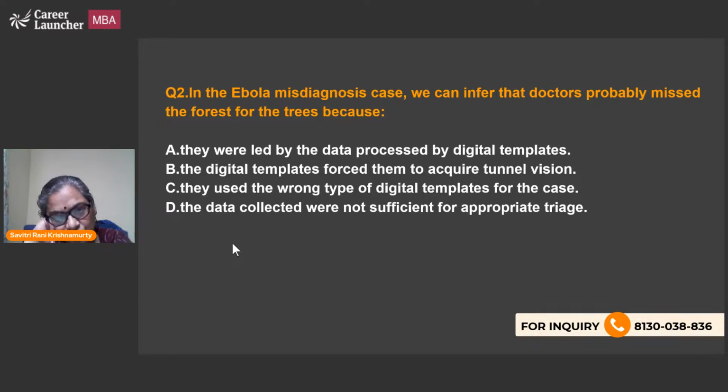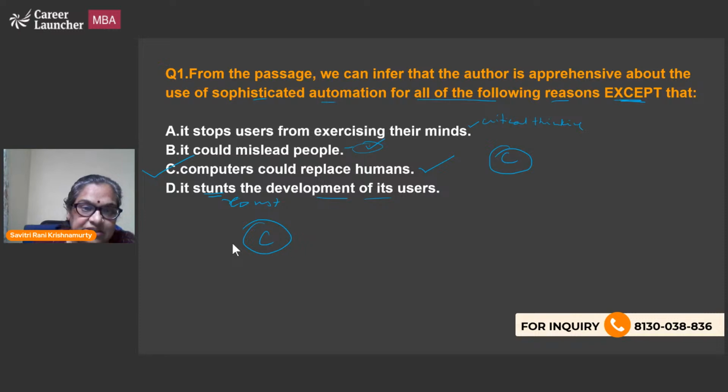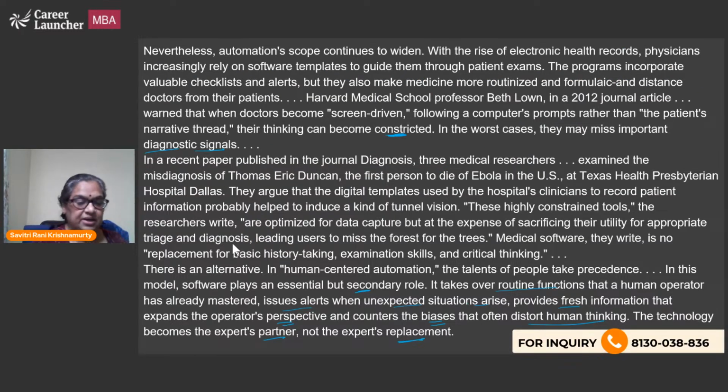In the case of the Ebola misdiagnosis, what happened? Let's go back to the passage, to the part where the author mentions the Ebola misdiagnosis. Okay, he says that the digital templates used by the clinicians to record the patient information probably induced a kind of tunnel vision, a very restricted way of looking at things.